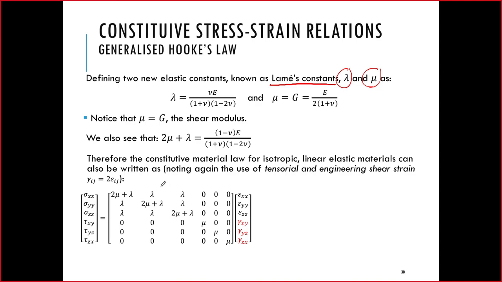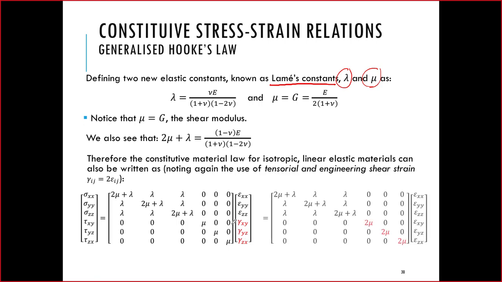And now once again we swap the shear strains, since until now we were in engineering shear strains. Let me go back to tensorial shear strains. The reason being, if I go back to tensorial shear strains I can put back the 2 in here, such that the nice thing is that on all the diagonal terms there's now a 2 mu, and then only on the normal stresses ones there's a lambda in there.